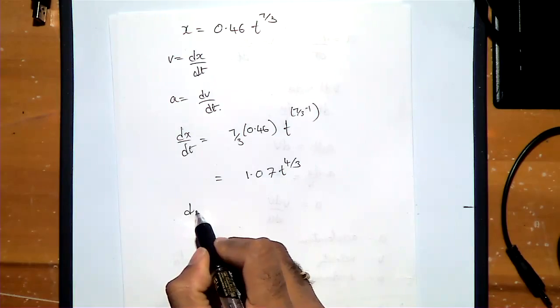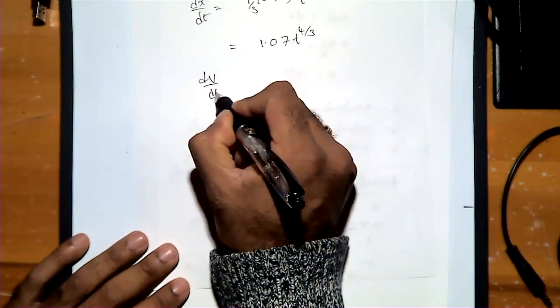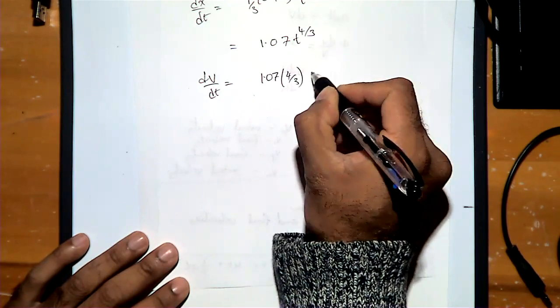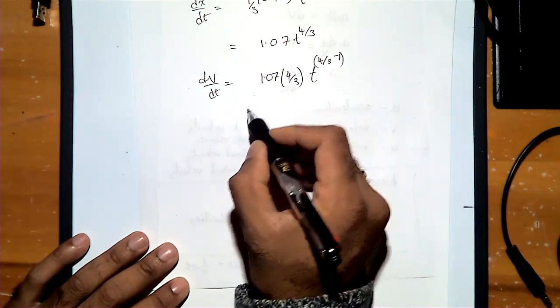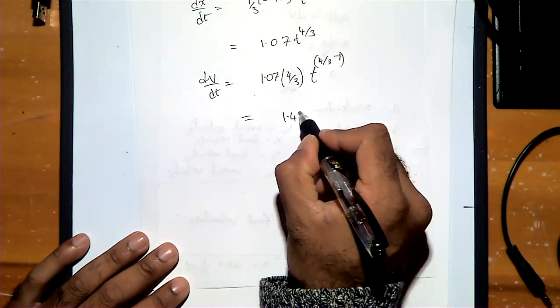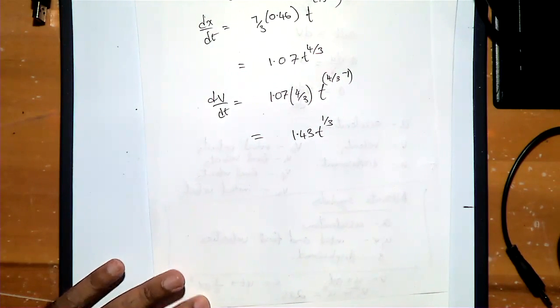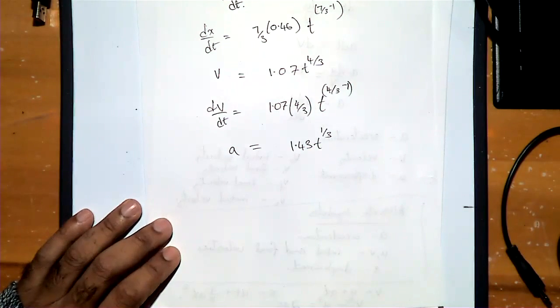And then dv dt equals 1.07 times 4 over 3 times t to the 4 over 3 minus 1. So A is given by that, and V is given by that.